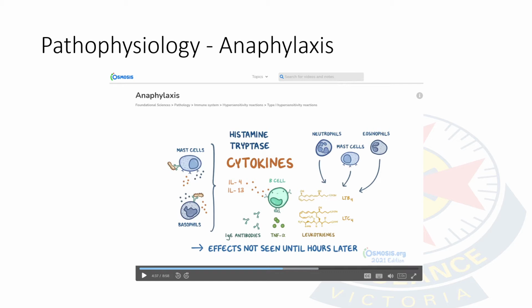However, this takes extensive time to activate the B cells and create the leukotrienes to attract the immune cells discussed. This means some patients can have an anaphylactic response twice, hours apart, from only one exposure to an allergen. This response is called a biphasic reaction.